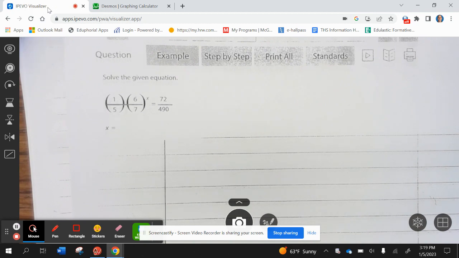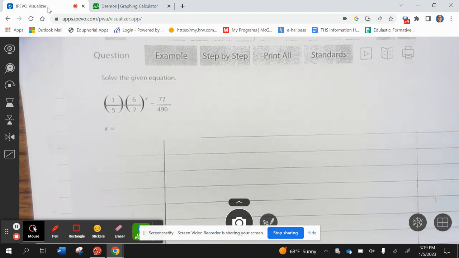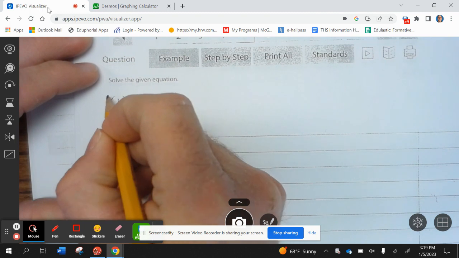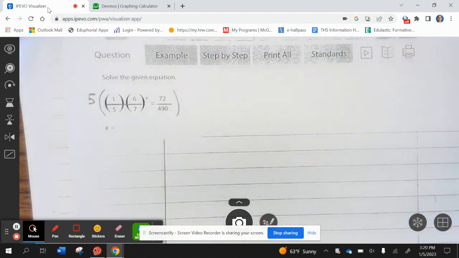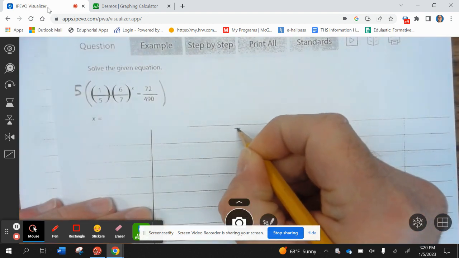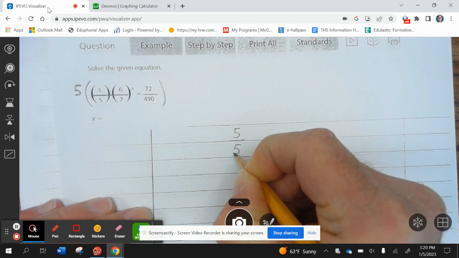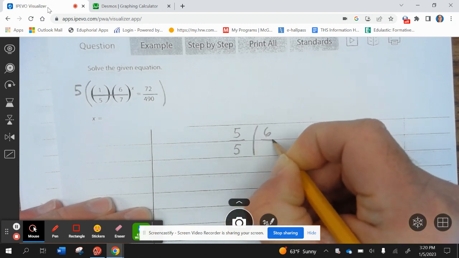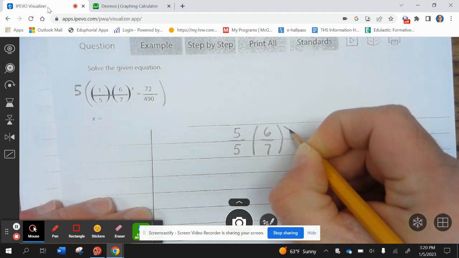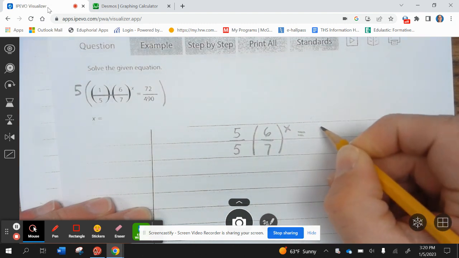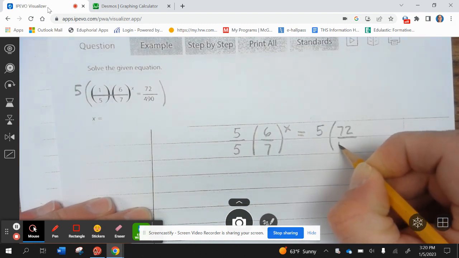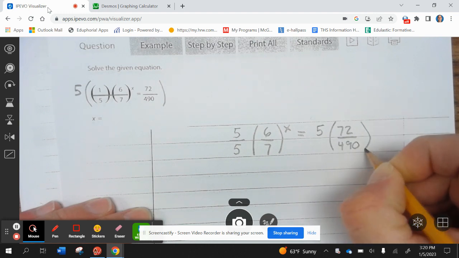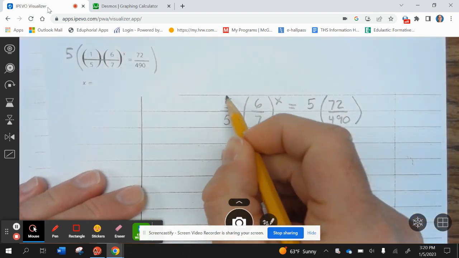So the first thing we're going to do is multiply both sides by 5. So then that becomes 5 divided by 5 times 6 divided by 7 to the x power equals 5 times 72 divided by 490. Well, 5 divided by 5 is 1.